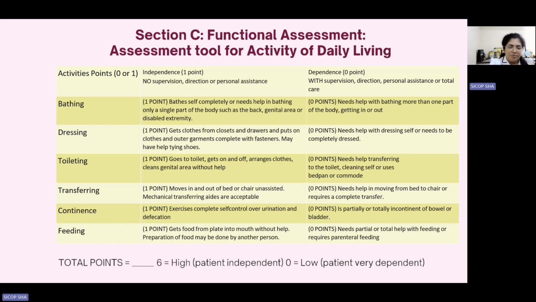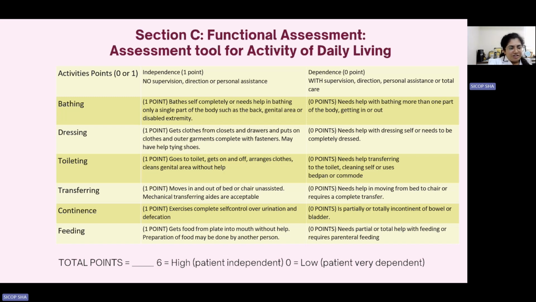Transferring: 1 point if they move in and out of bed or chair unassisted; mechanical transfer aids are acceptable. 0 points if they need help moving from bed or chair or require a complete transfer by another person. Continence: 1 point if they have complete self-control of urination and defecation, 0 points if partially or totally incontinent of bowel and bladder.